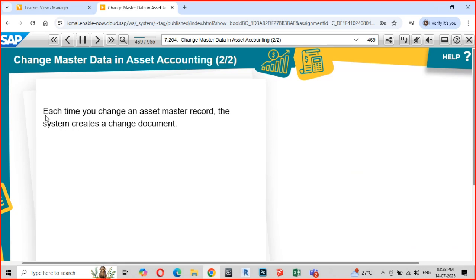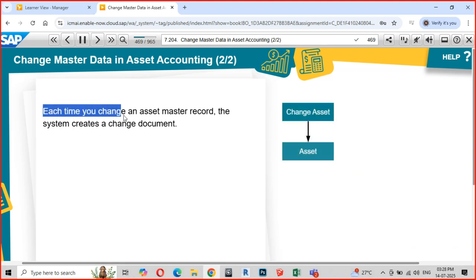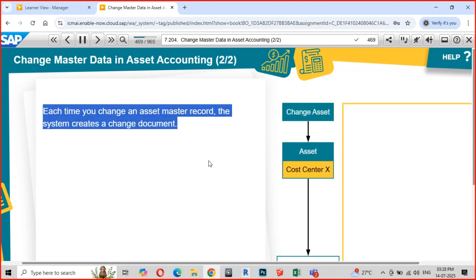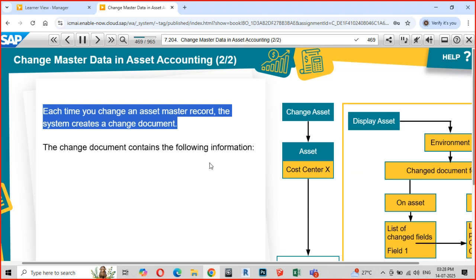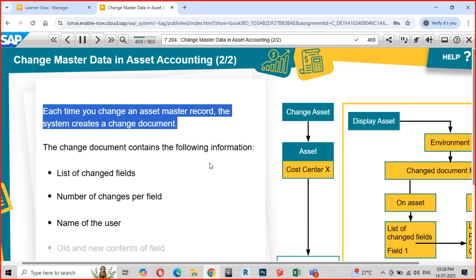One of the most important things: each time you change an asset master record, the change log is updated. Each and every rectification, each and every visit to a specific screen in SAP is recorded. That is the whole meaning of the statement.